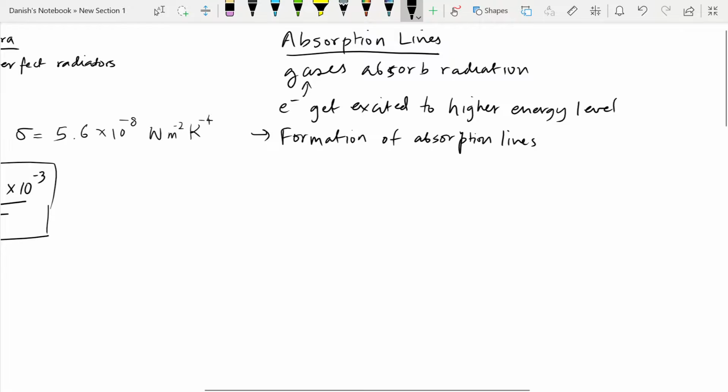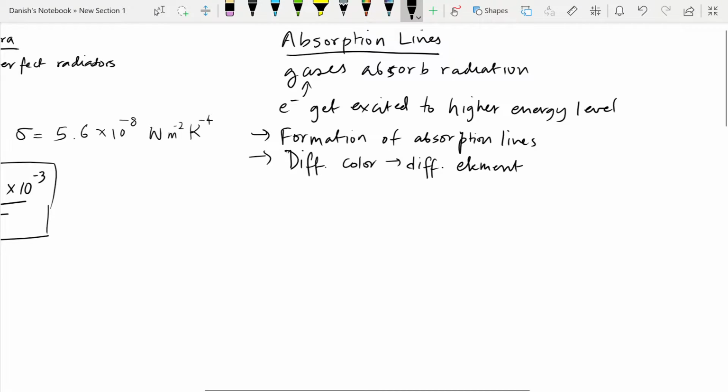So these lines essentially are different for different elements. Different color for a different element.